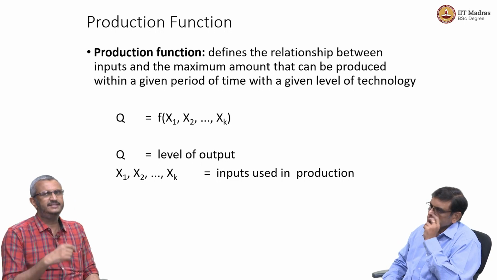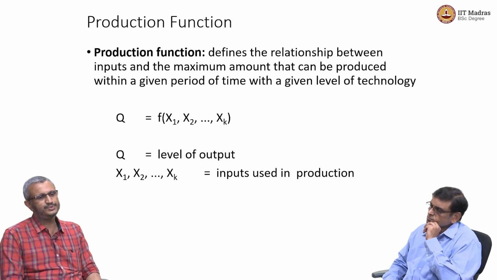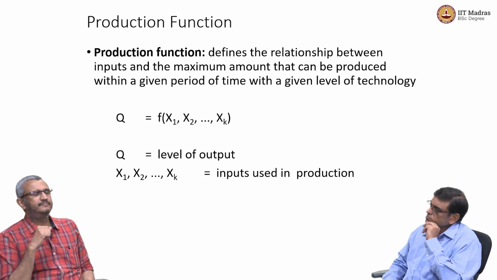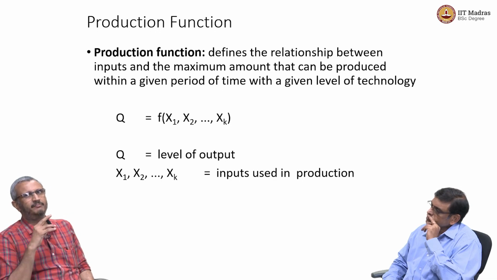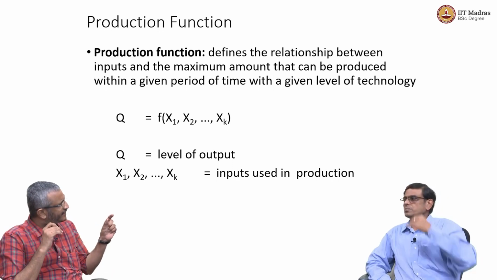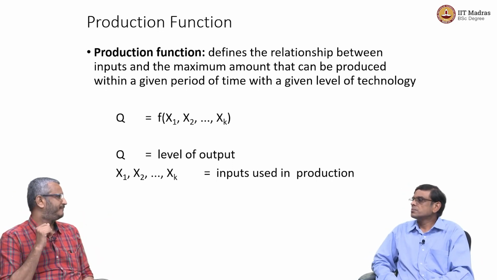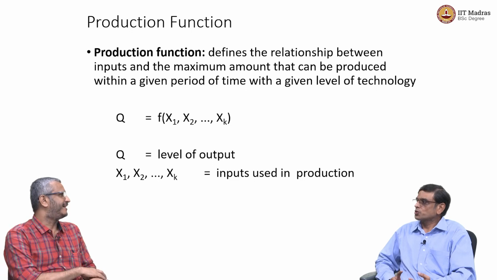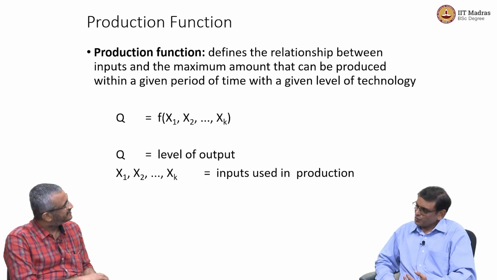Production function is the relationship between inputs and the maximum amount that can be produced in a given period of time with a given technology. Okay, so those are fixed. Yeah. So your time is fixed and the technology is fixed.